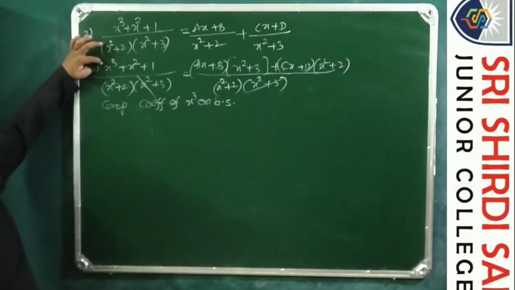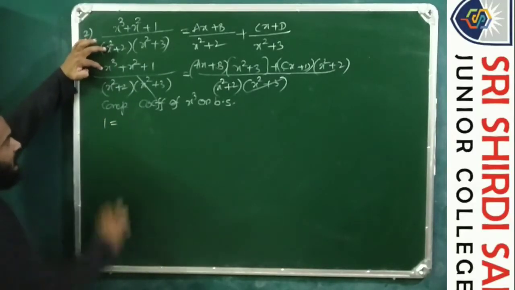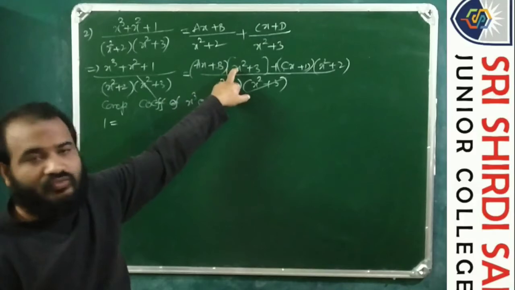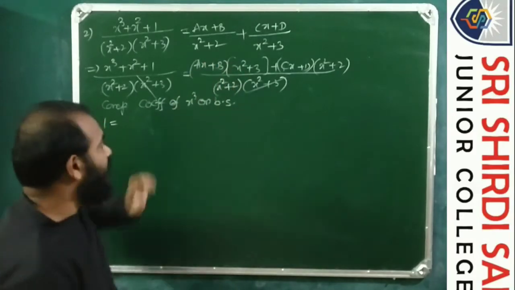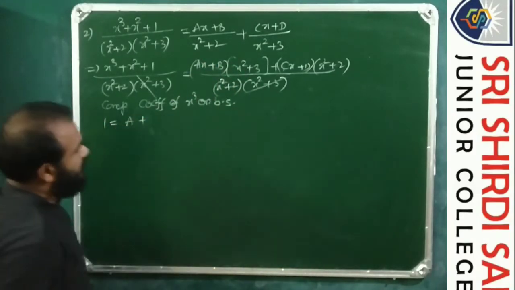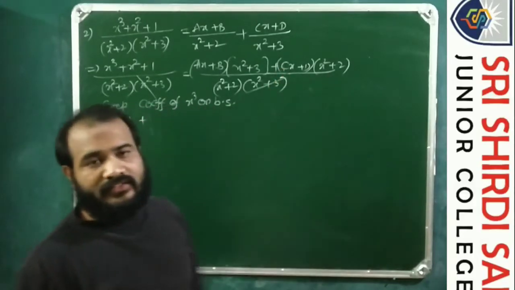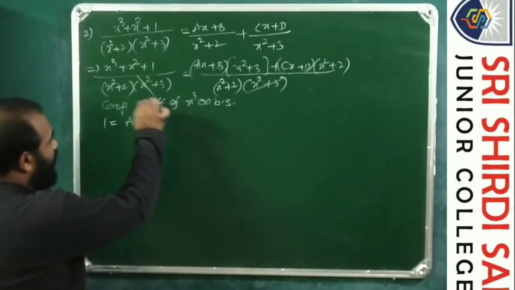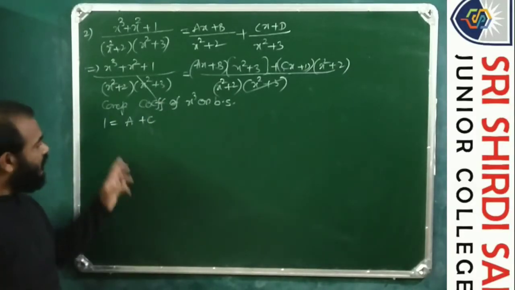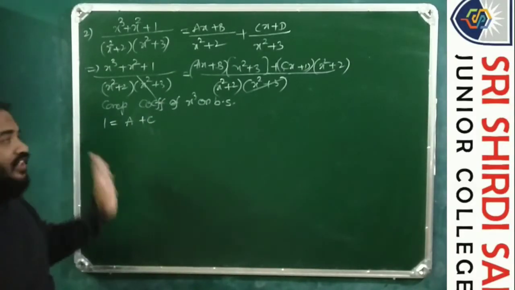Here the x cube coefficient is 1 on the LHS. Here ax into x square, the x cube coefficient is a, plus cx into x square, the x cube coefficient is c. So a plus c is equal to 1. This is the one equation.